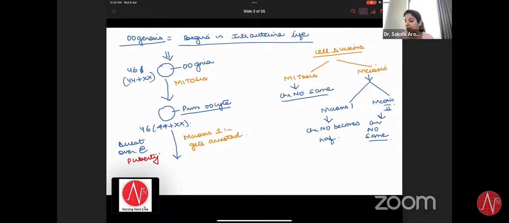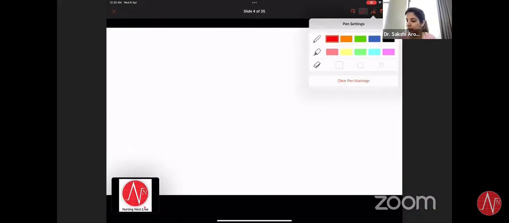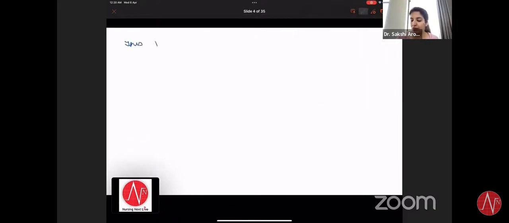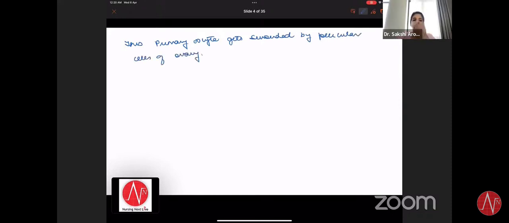Clear? Now this primary oocyte, this is very important. This primary oocyte gets surrounded by the follicular cells of the ovary. Right? So if this is your primary oocyte, it will get surrounded by follicular cells, and this structure is called a follicle.